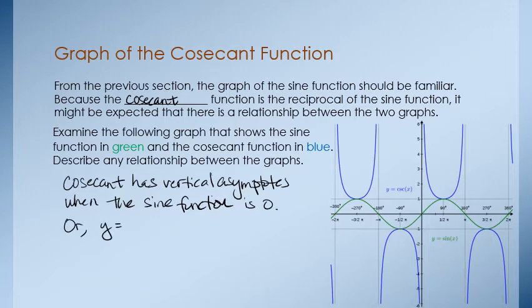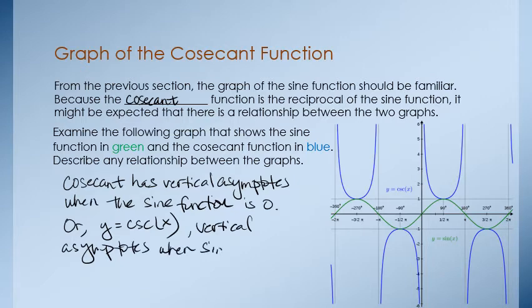Or another way to say that is, when we have y equals the cosecant of x, we see that there are vertical asymptotes when the sine of x is equal to 0. Why does that happen?